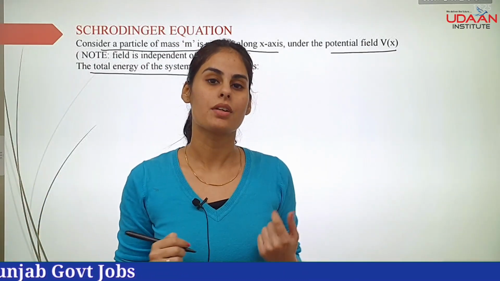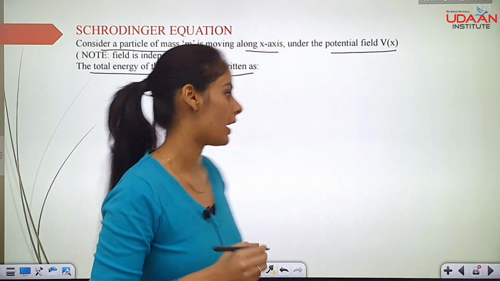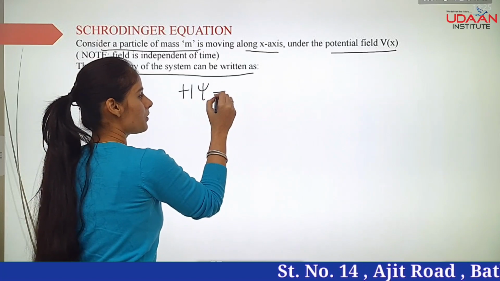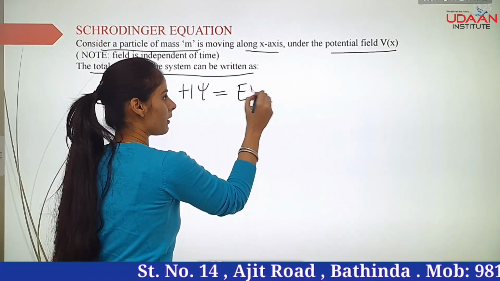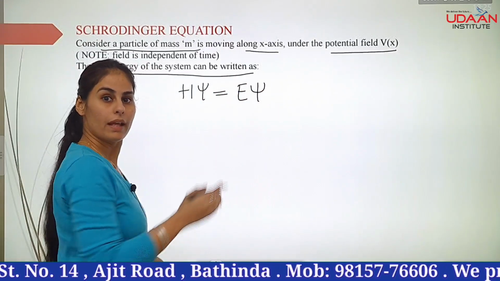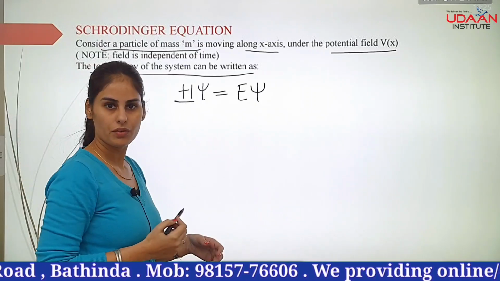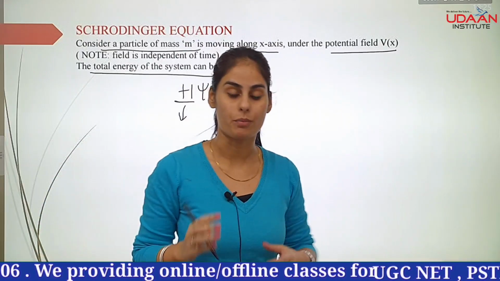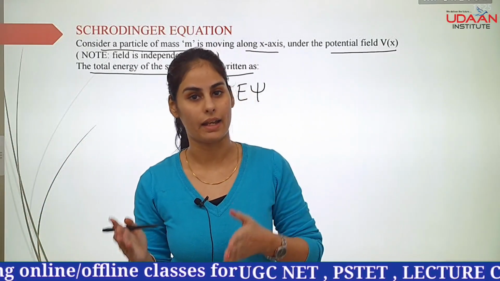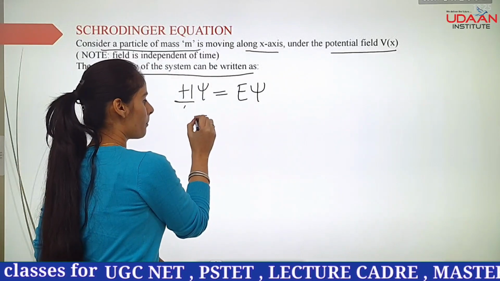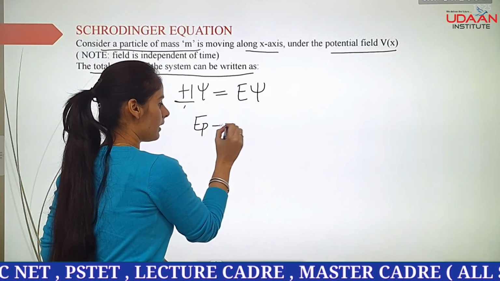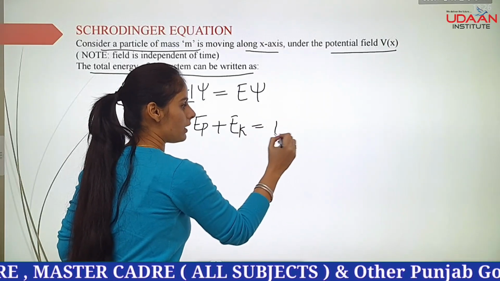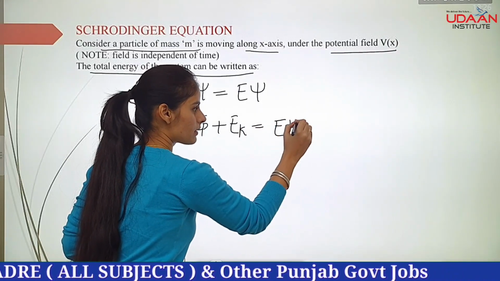From the law of conservation of energy, we know that H psi is equal to E psi, where H is the Hamiltonian of the function, and we can write the Hamiltonian as the sum of potential energy and kinetic energy, EP plus EK, acting on psi is equal to E psi.